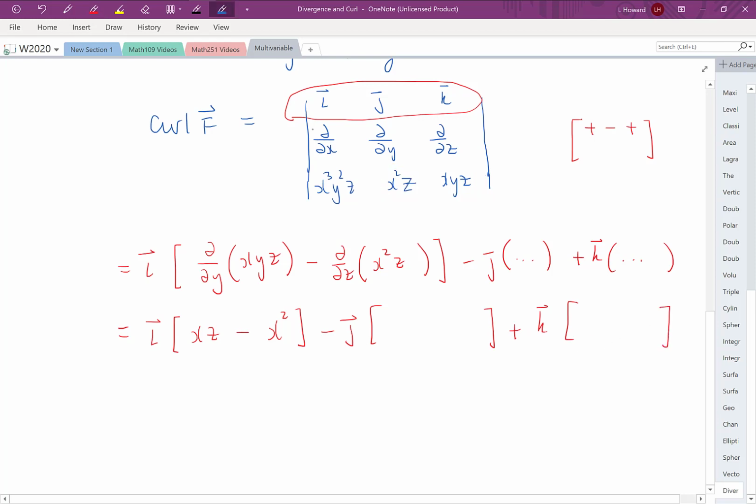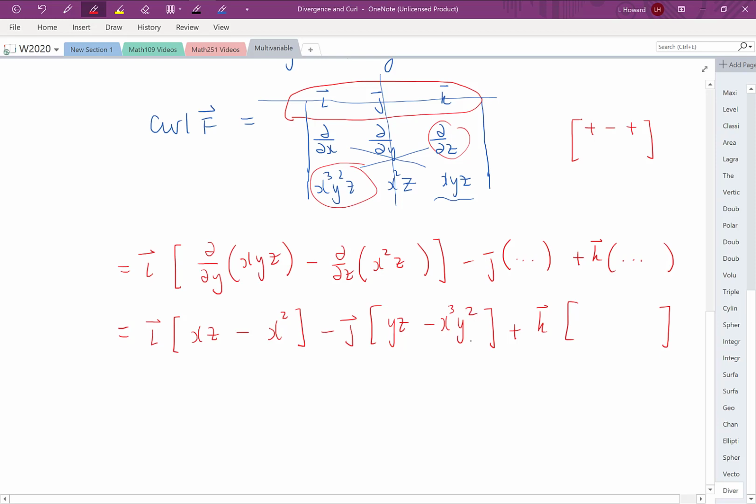So let's look at this minus j term. Just imagine crossing out that row and column there to clean this up, and then we're going to do this 2 by 2 determinant here. Taking the partial with respect to x of xyz would give us yz. And then we subtract off the partial with respect to z of x cubed y squared z. So that would give us x cubed y squared.